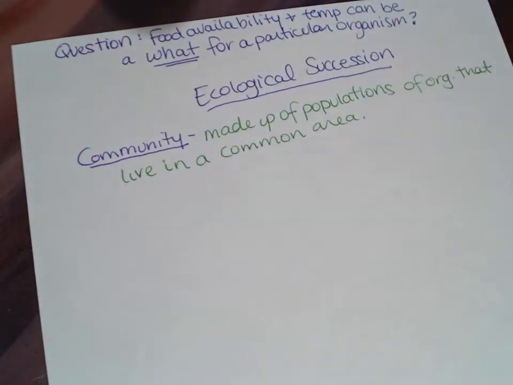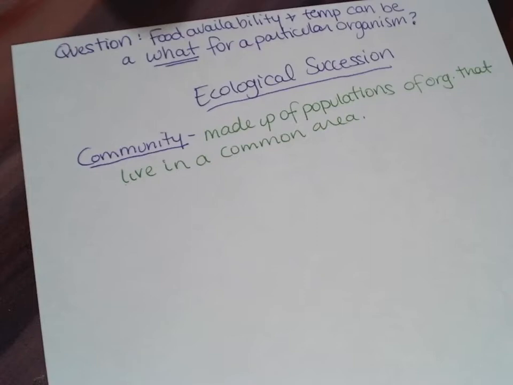Now, let's remind ourselves. So we have species. Let's say we have the species squirrel. Okay, so you have a squirrel. When there's a bunch of squirrels in a specific area, let's say your backyard, the squirrels make up a population. So there's a population of squirrels. But in that same area, squirrels aren't the only thing that exists.